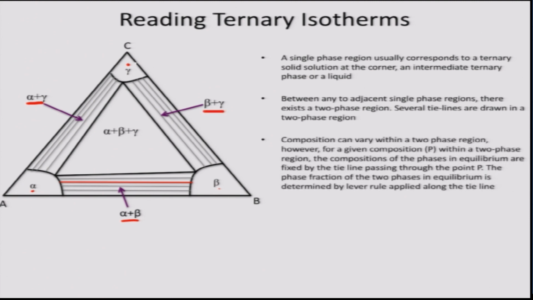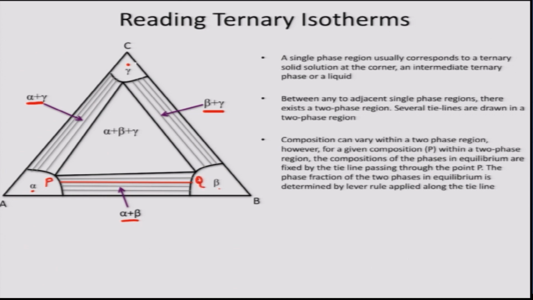You will see there are multiple parallel looking lines plotted in each of the two phase regions. These are nothing but tie lines. A tie line joins the two compositions which are in equilibrium. So, if we consider this red tie line shown in the alpha plus beta region, let us call this line PQ.